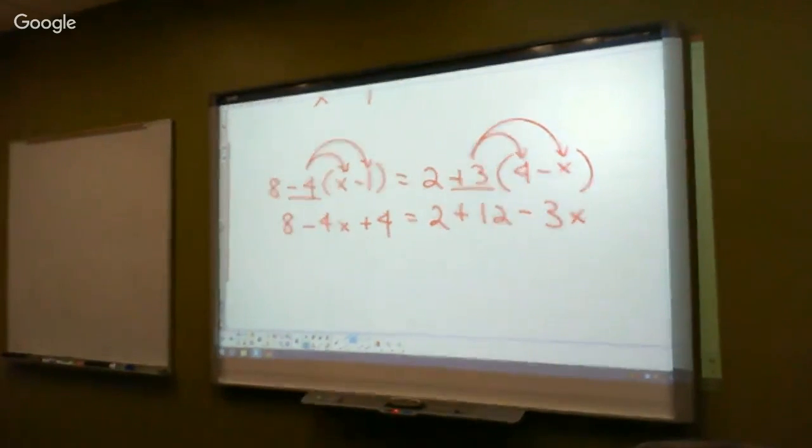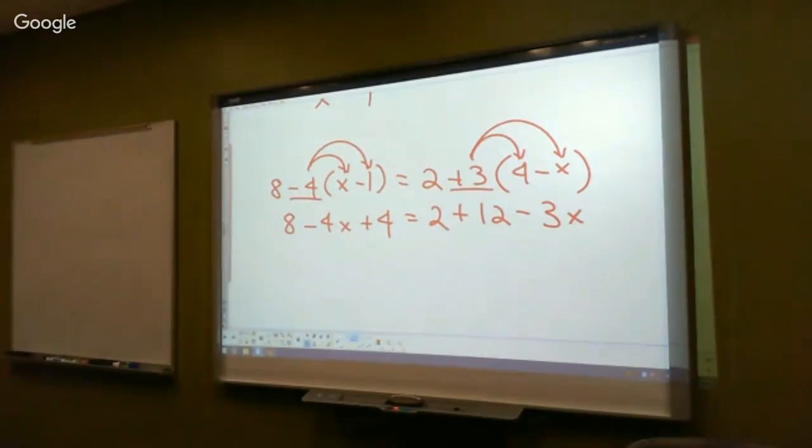So 4 minus 3. That's what I have. I messed it up. I think I did somewhere, but I don't know where. Where does the 6 come from?